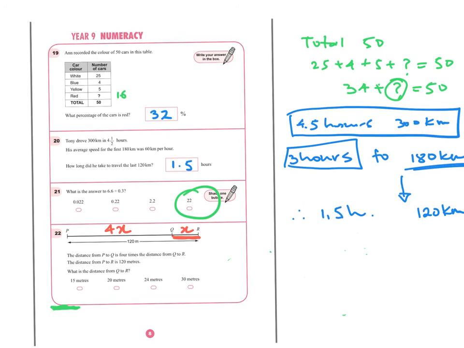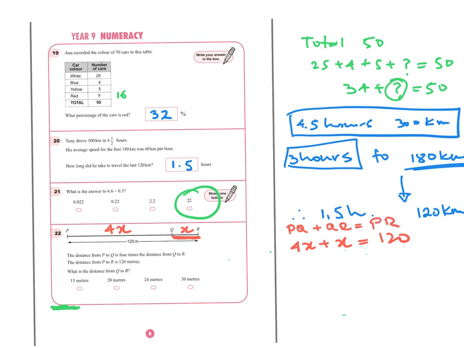So the distance from P to R, it's 120 meters. So PQ is 4x plus QR is equal to x. All together is equal to 120. Okay? So what I can put here, I can say, PQ plus QR is equal to PR.